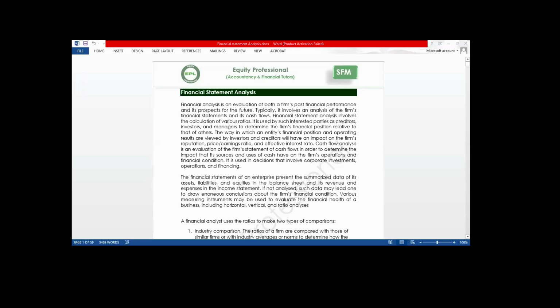You are going to compare items in the income statement with a major item in the income statement. This is called vertical analysis of the financial statement.